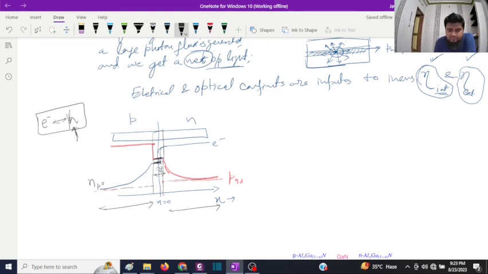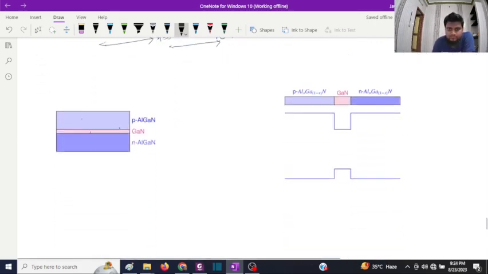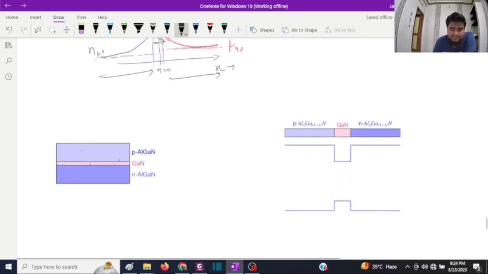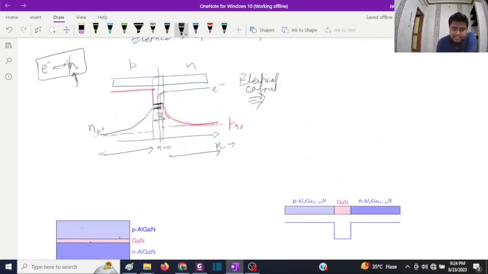Now, can we achieve even higher carrier concentrations? That is your electrical confinement. To achieve that, we don't use a simple P and N type gallium arsenide. Let's assume it was gallium arsenide. We don't use only two layers, P type and N type gallium arsenide.